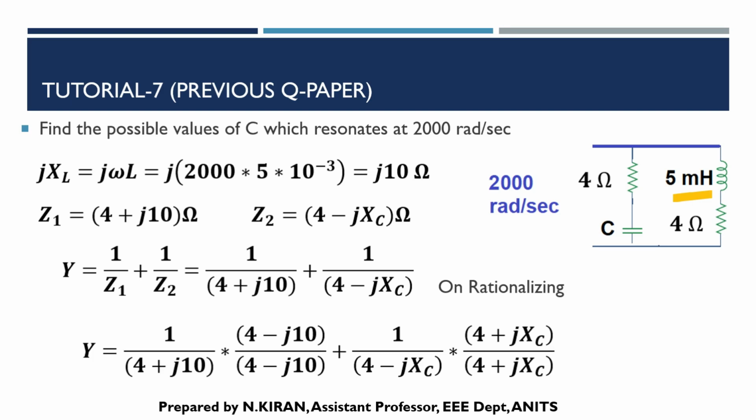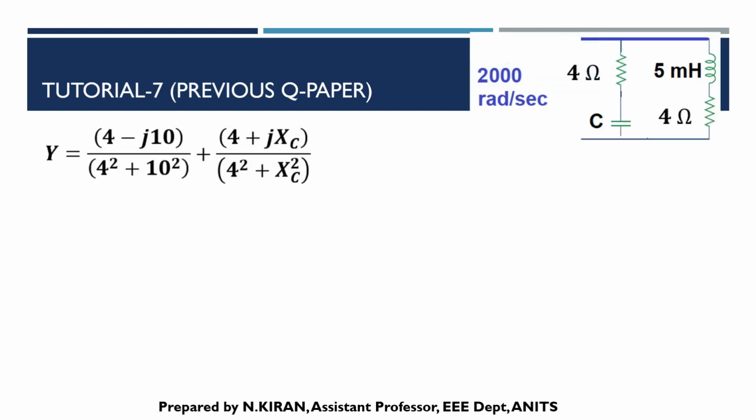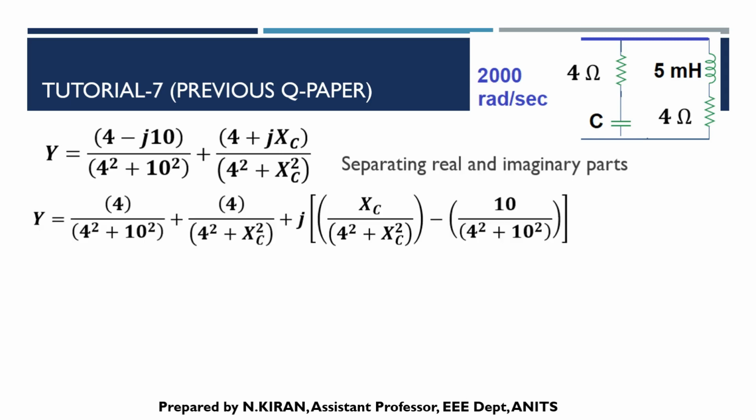On simplification, the total admittance value will be Y is equal to (4 minus J10) by (4 square plus 10 square) plus (4 plus JXC) divided by (4 square plus XC square). Separating the real terms as well as the imaginary terms, we get the following expression for admittance. At resonance, the imaginary part or the susceptance becomes 0.